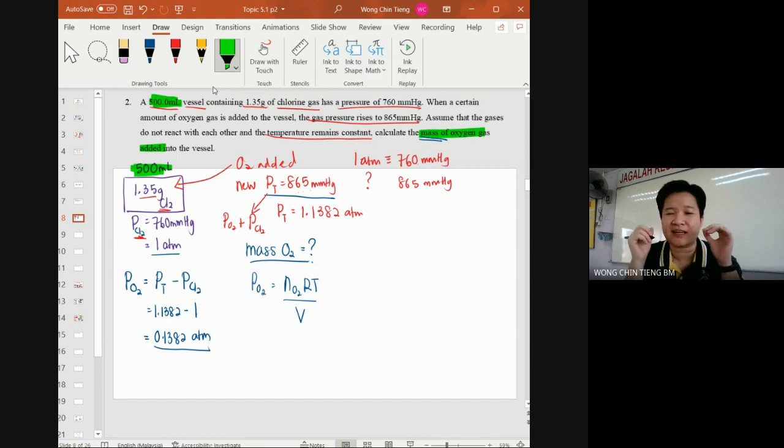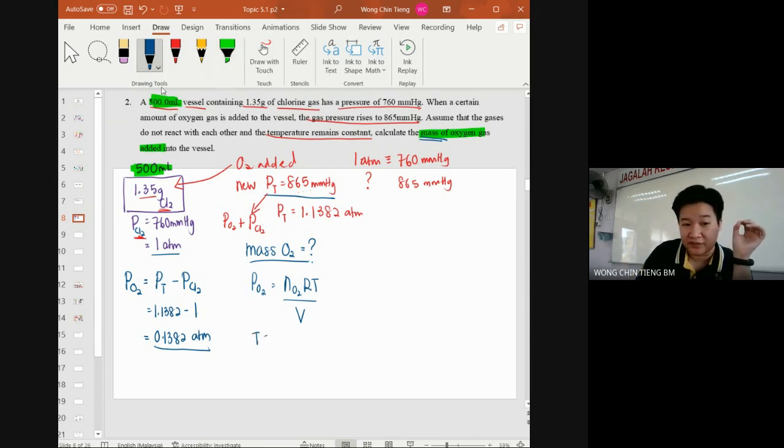Nak guna sangat-sangat formula ni boleh, tapi cara yang sangat-sangat panjang. Siapa yang nak guna formula ni, kamu kena cari T. So nak cari T, kamu boleh buat satu cara, I find the temperature first, sebab constant temperature. Kamu buat partial pressure chlorine, number of mole chlorine, R, temperature, volume.